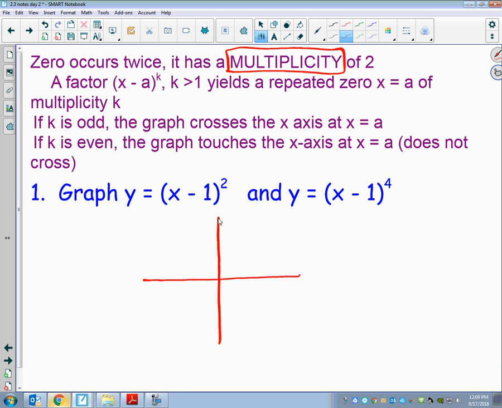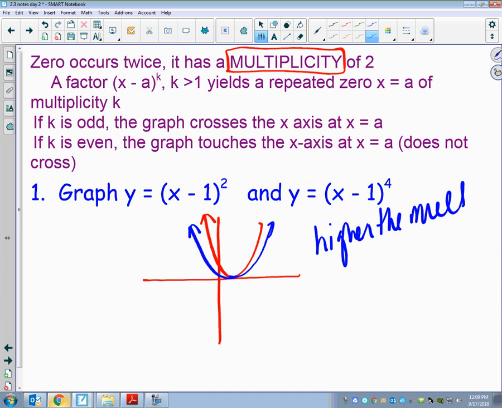We really need to write all that, but (x - 1)^2 kind of looks like this. And then when I do to the 4th power, oh, that's not minus 1. Minus 1 would be over here, right? At 1. But then when I do to the 4th power, it kind of looks like it touches longer, but it really still only has 1 zero.